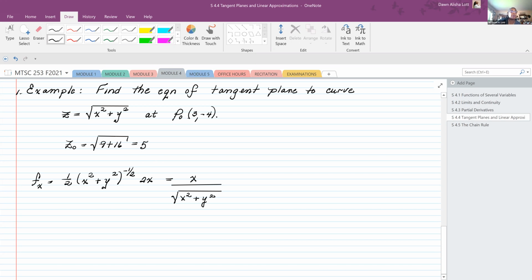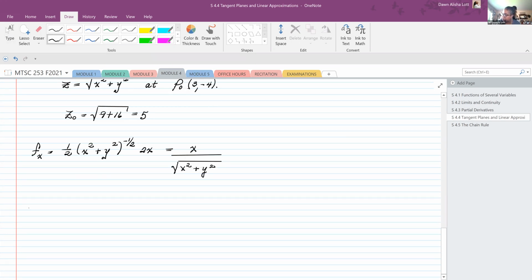And similarly, f sub y, after you do everything, you get y over the square root of x squared plus y squared.